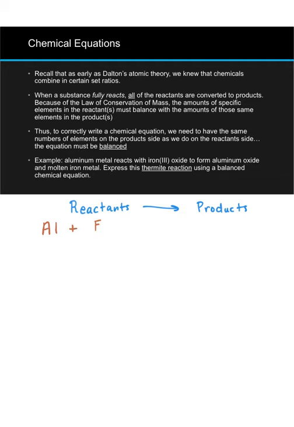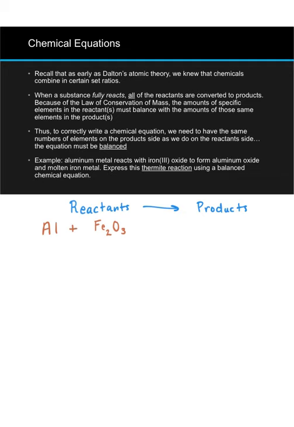We know how to write down a chemical formula for iron 3 oxide. Iron 3 must have a 3 plus charge. Oxide has a 2 minus charge. To write down the correct chemical formula for iron 3 oxide requires 2 irons for every 3 oxides. Aluminum reacts with iron 3 oxide is depicted by this set of reactants.